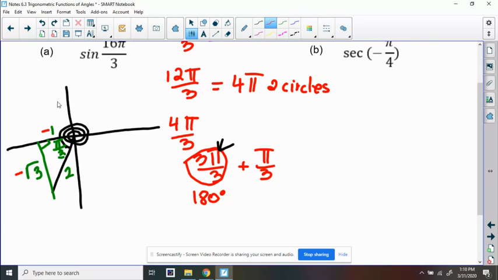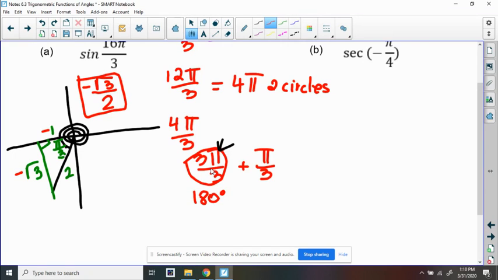Now, sine of 16 pi over 3, using this reference angle, pi over 3 is the reference angle, is opposite negative square root of 3 over hypotenuse, which is 2. So there we go. This is the value.